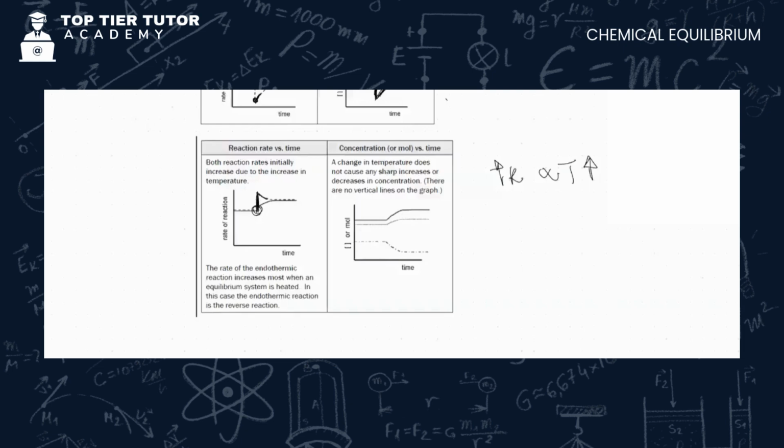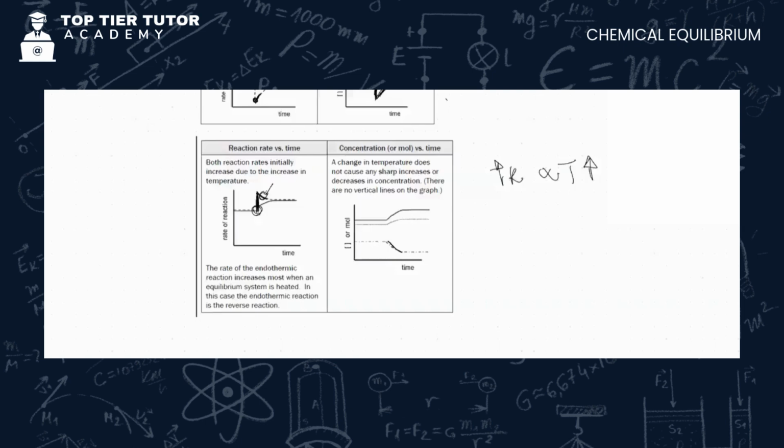So we can see that although both of them increased, the endothermic reaction increased more, and after that there was a slight decrease as time goes by, right? Because we're going to be using sulfur trioxide, so the concentration is going to decrease with time, and when the concentration decreases with time, the rate of reaction is going to decrease with time.